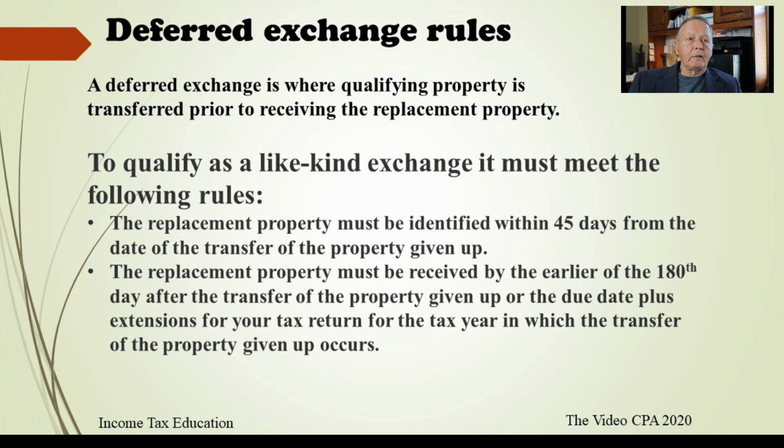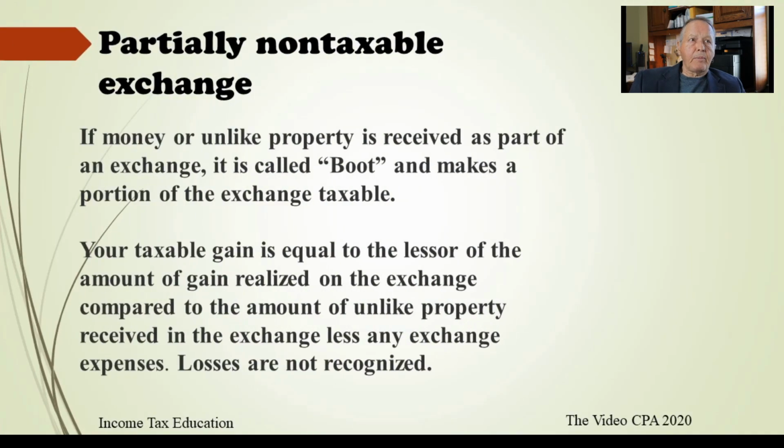So keep that in mind, and let's look at a partial non-taxable exchange. A lot of these exchanges involve what we call boot. So boot is either cash received or it's non-like-kind exchange property received. All right. So if you receive boot or non-like-kind exchange property or cash, you're going to have to recognize a gain on that.